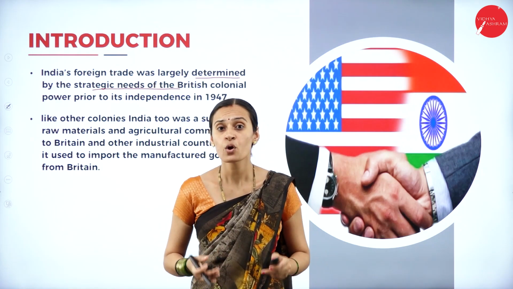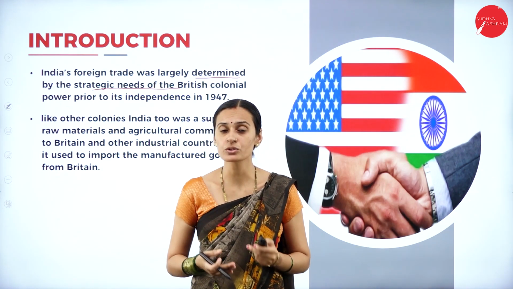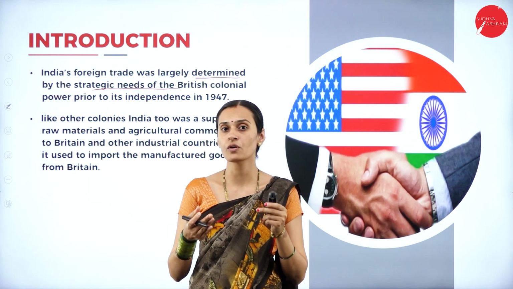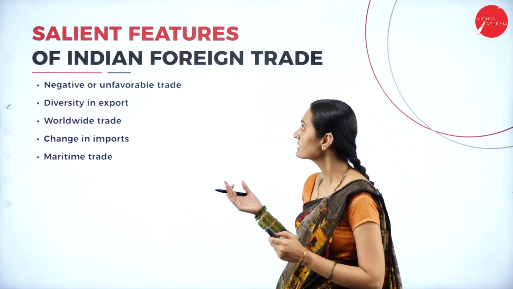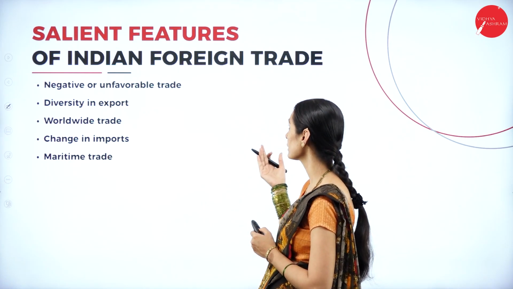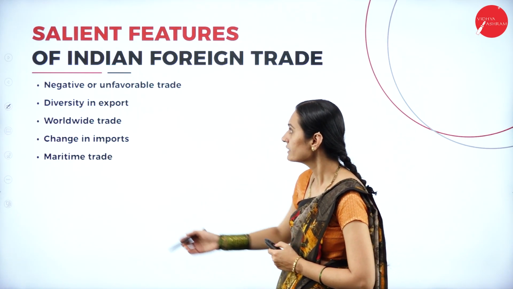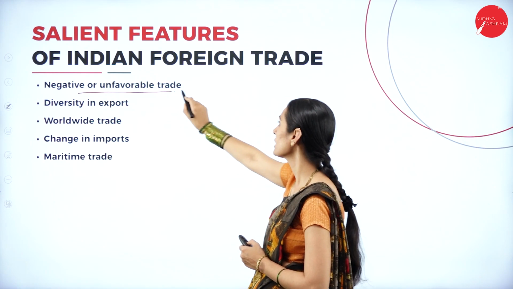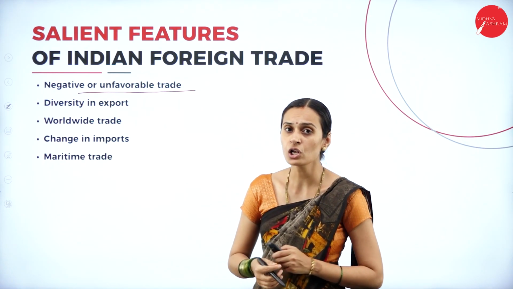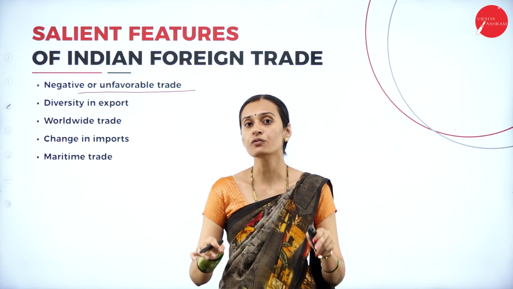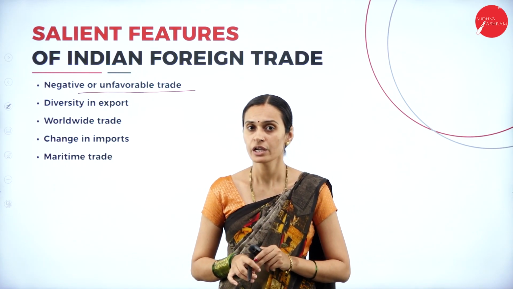Yes, that is why we have to know what the conditions of foreign trade of our country are. Dear students, let us discuss what the salient features of Indian foreign trade are. First one, negative or unfavorable trade. Already, as I told, there was a long gap between the rate of imports and the rate of exports in our country.